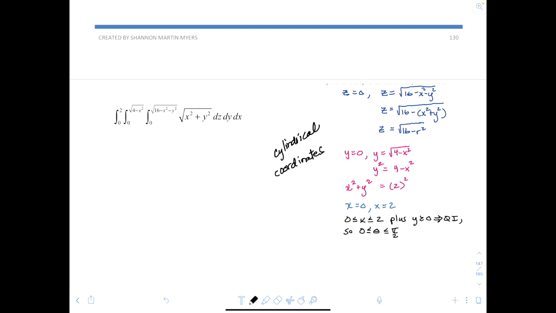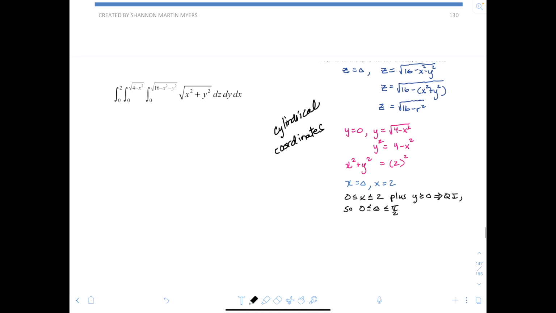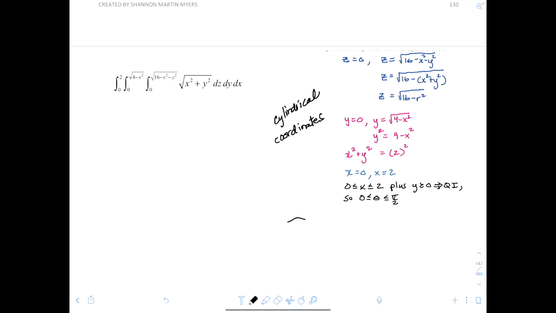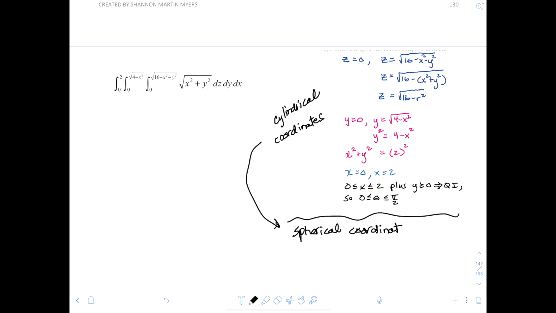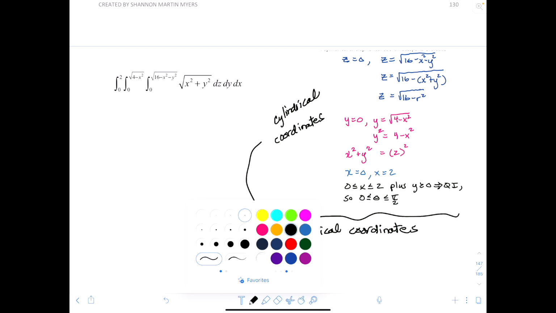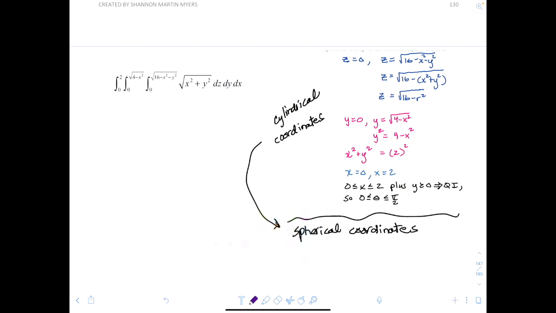And so here, rho is equal to the square root of r squared plus z squared.